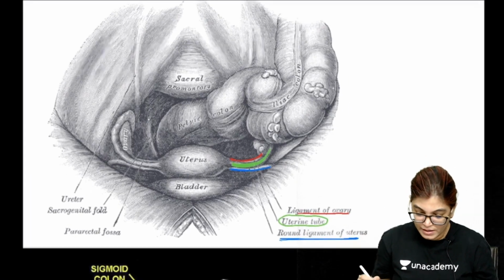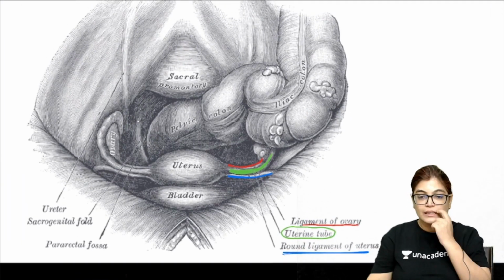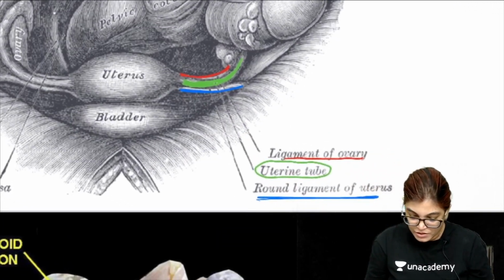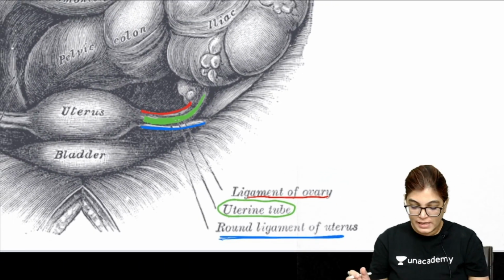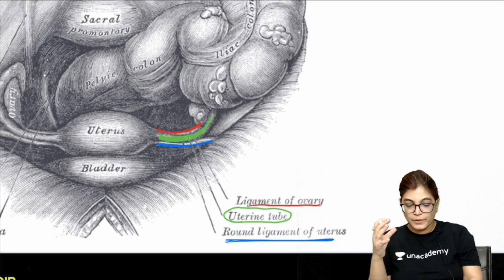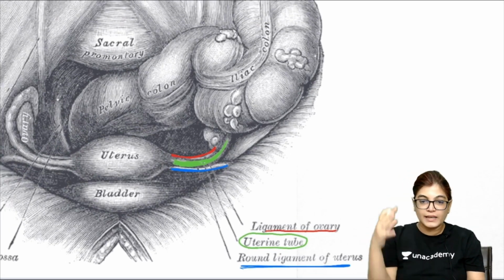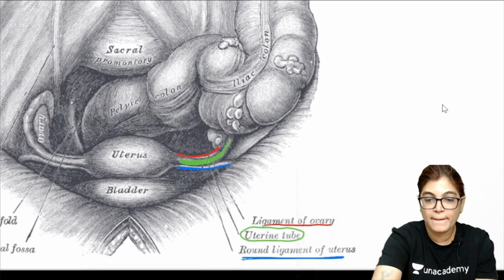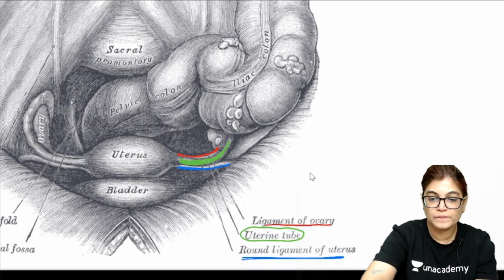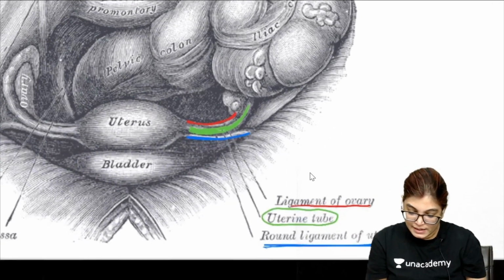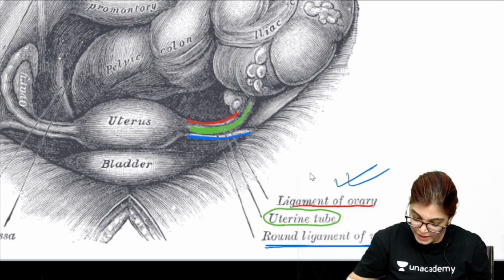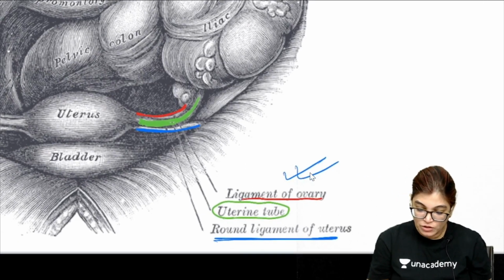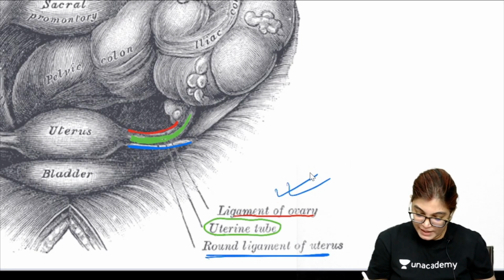Okay. Now, let me just enlarge it. Just see this part. So when you see the whole of the structures superiorly, what you can appreciate is the ligament of ovary.